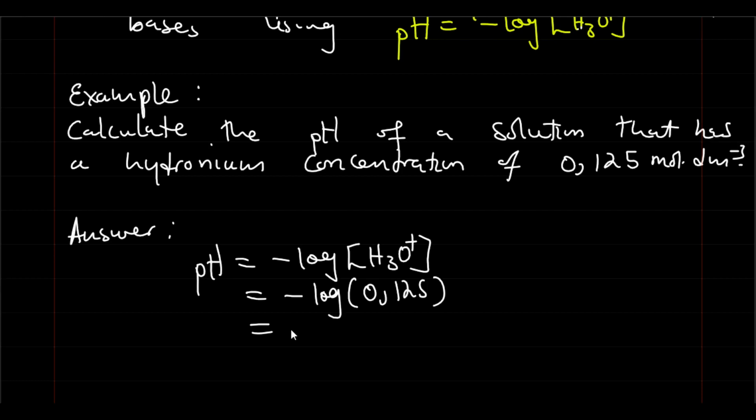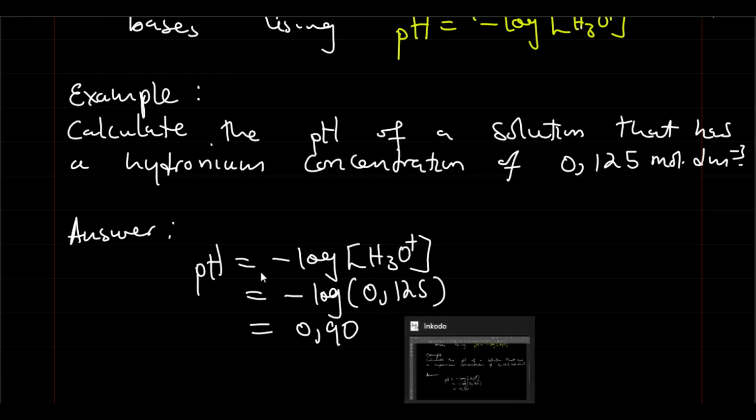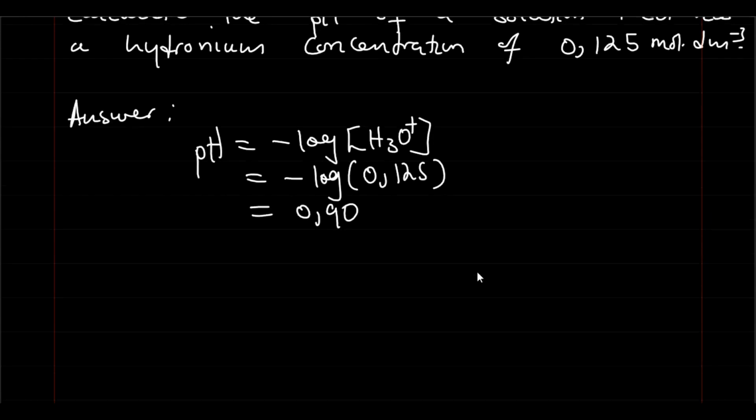Okay, and then equal sign. So I'm getting how much? I'm getting 0,90. And notice that pH is a unitless value, so it does not have units. So as long as we know the value of pH, we are fine. Now it's 0,9.